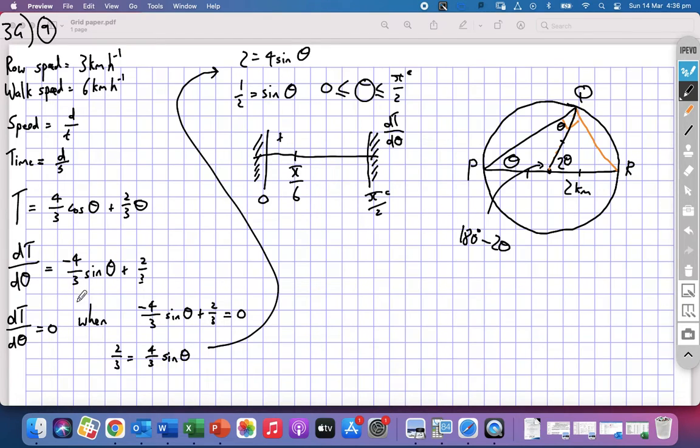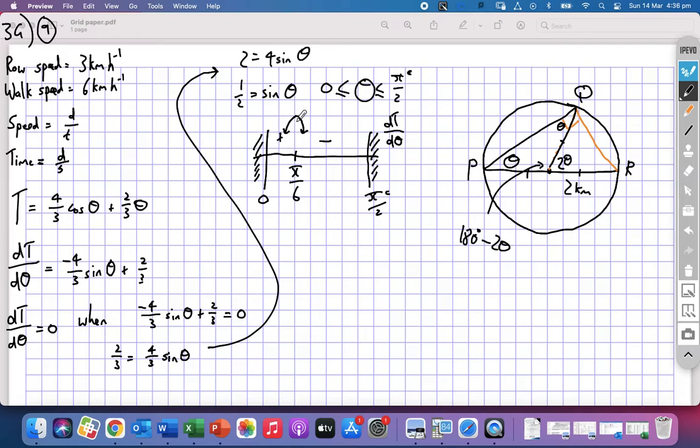Make sure you actually plug in numbers into the derivative. You want to know if you've got positive gradient or negative gradient. You want to know if you have an increasing time, not an increasing rate of change, a positive rate of change or an increasing time, or a negative.